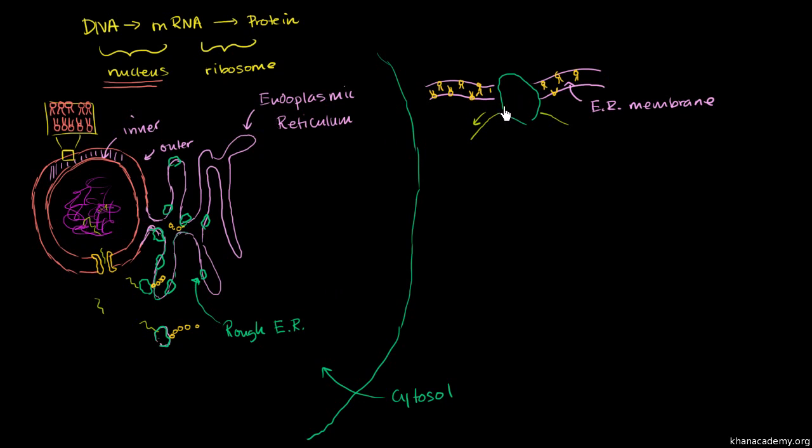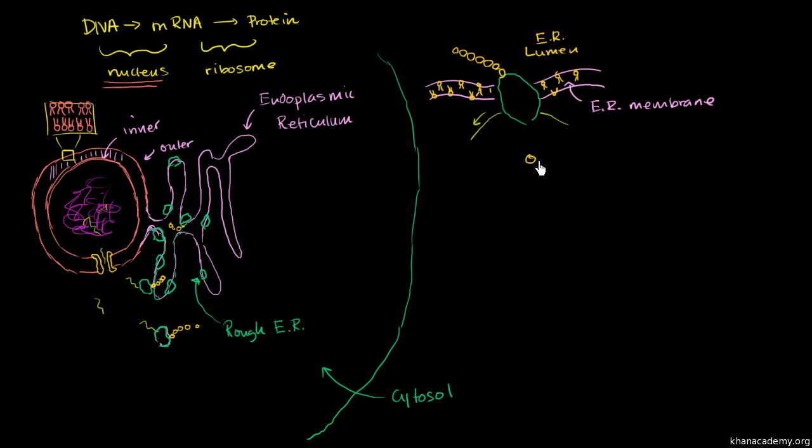And then at some point in the translation process, as it's being translated, the protein can be spit out on the inside of the endoplasmic reticulum. So this is the ER lumen right over here. So we're inside the endoplasmic reticulum here.